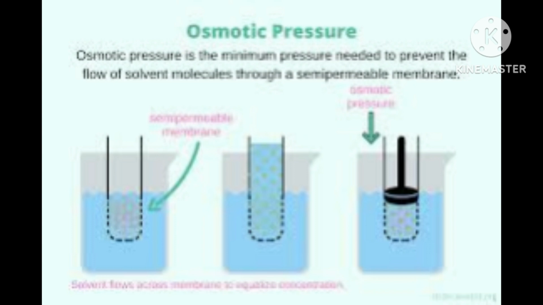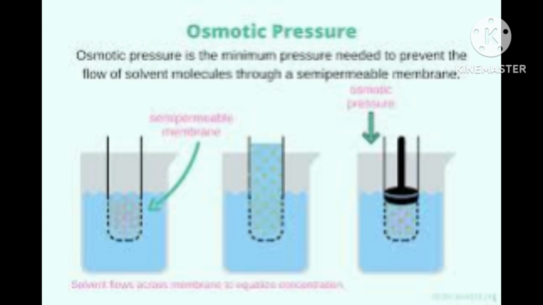Generally, solvent molecules go to the solution side, meaning the salty water side, via a semi-permeable membrane. Pure solvent like water has more vapor pressure than solution. In solution, the solvent is mixed with salt, so there the solvent will be less, that's why the pressure will be less.